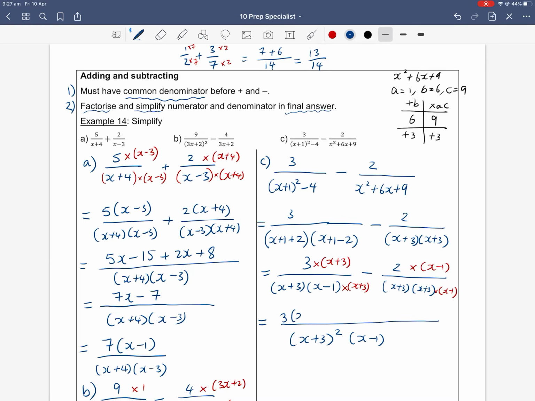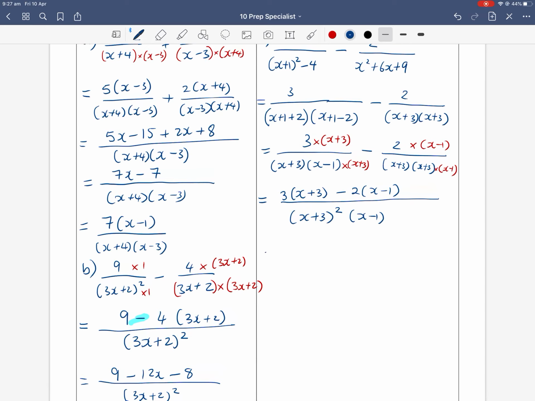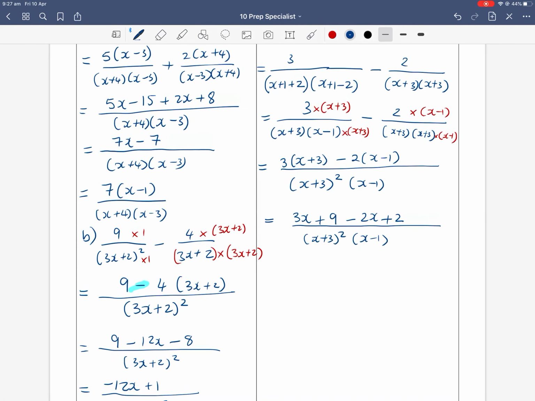On the top we have 3 outside of x plus 3 minus 2 outside of x minus 1. Let's simplify or expand the brackets of the top numerator so the bottom stays the same. Expanding the top we have 3x plus 9 minus 2x plus 2 because negative times negative is a positive.